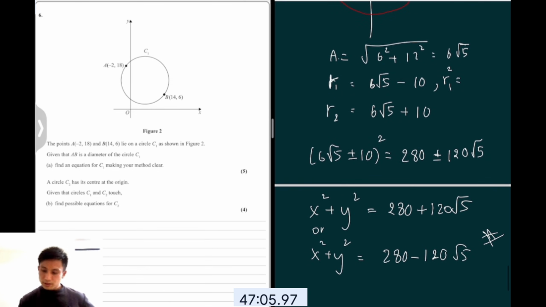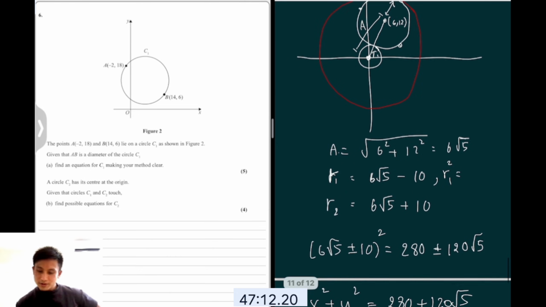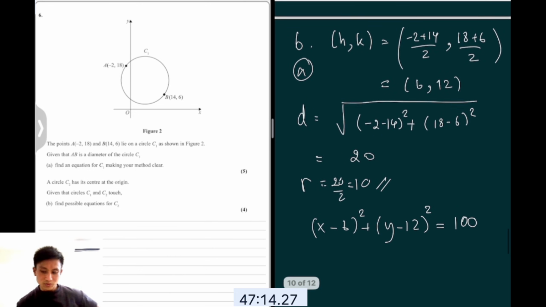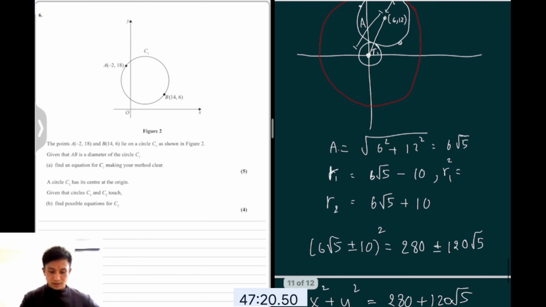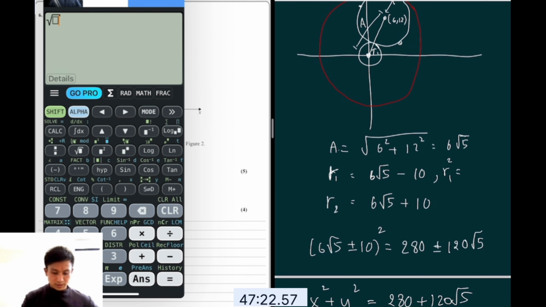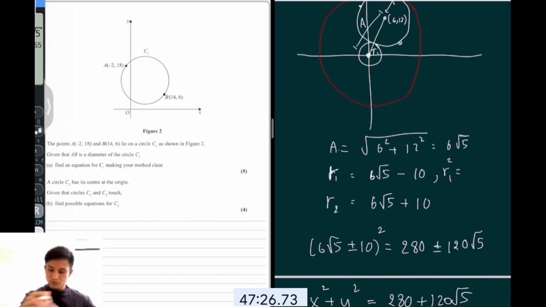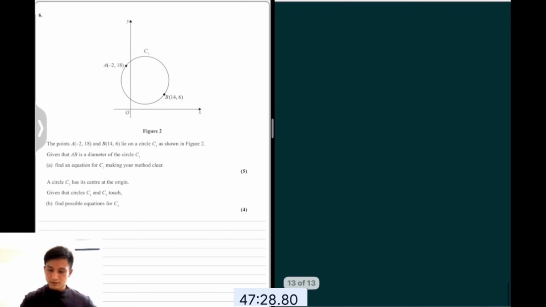But it sort of gives me the sense that I might have done it wrong or something. Because 6, 12, okay, let's do 6, 12 again. 6 and 12, so that should be fine. And the Pythagoras between 6 and 12 would still be 6 root 5, so I think I'm fine with that.